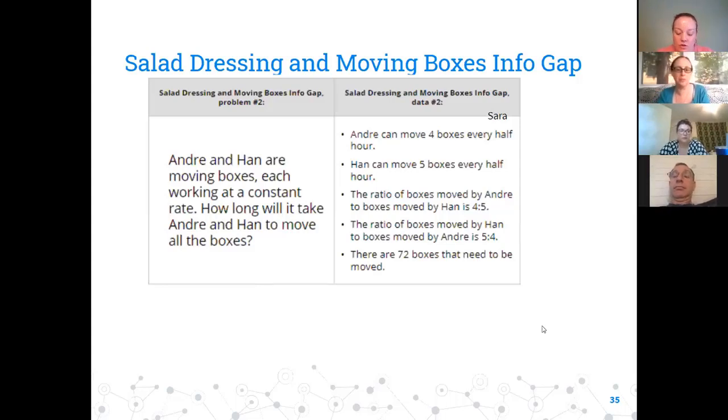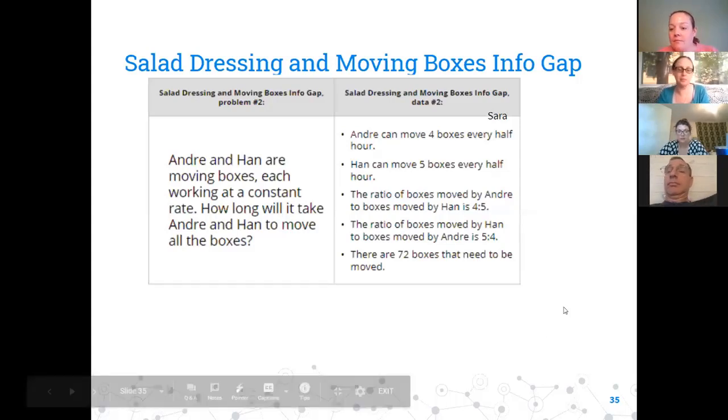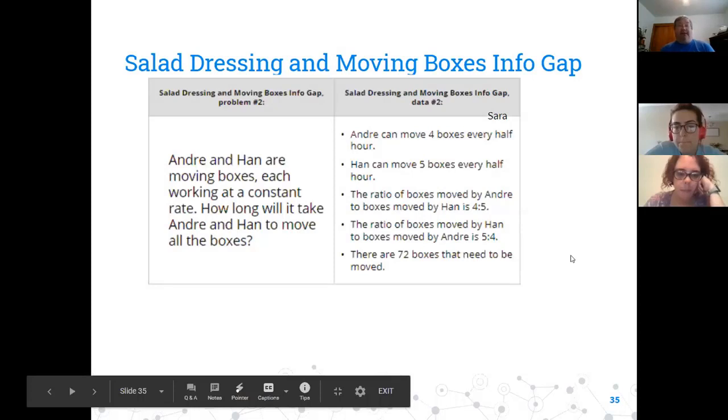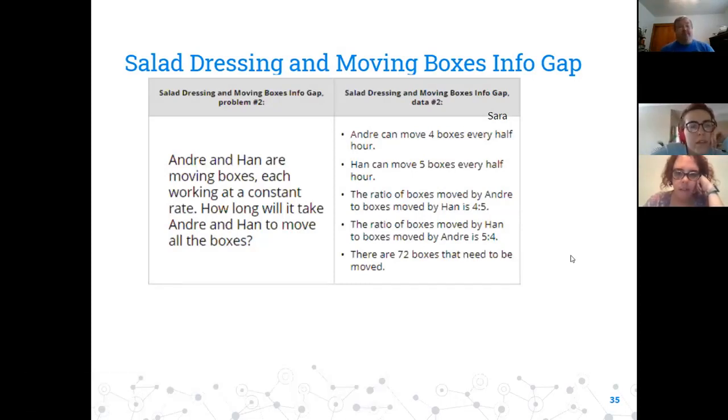What strategy did you use, Jeremy? Mine was more, well, just the arithmetic based. I guess I didn't write down the tables. We kind of did it the same way because with the rates, I knew between the two of them, they can move 9 boxes every half hour. There's 2 half hours in an hour, so 9 times 2 is 18.